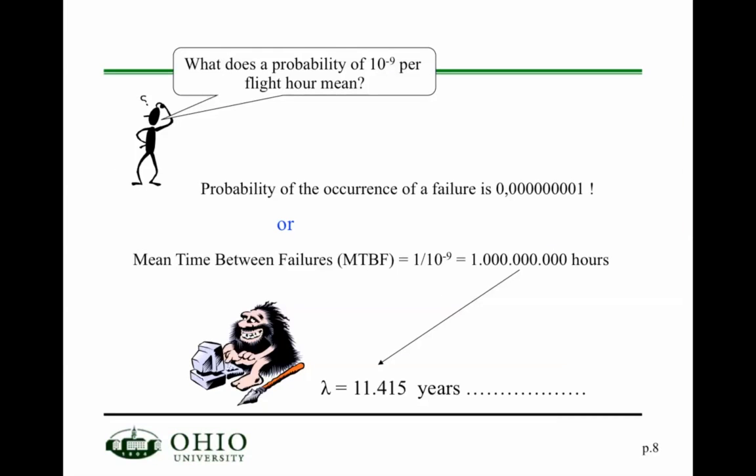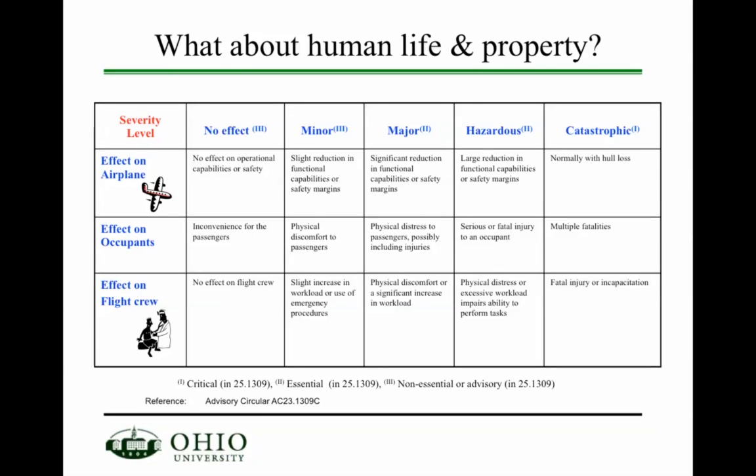Alright, we talked about this before, I just added it here again. If you look for aircraft specifically, and this comes directly from Advisory Circular 23-1309C, they have this severity level versus effect on airplane occupants and flight crews. So this tells you, if a system fails, where to categorize it.